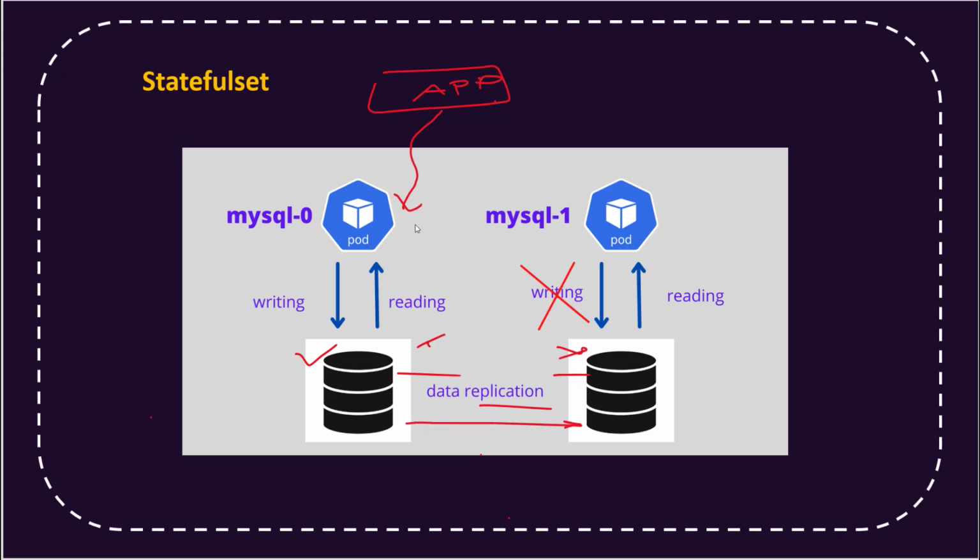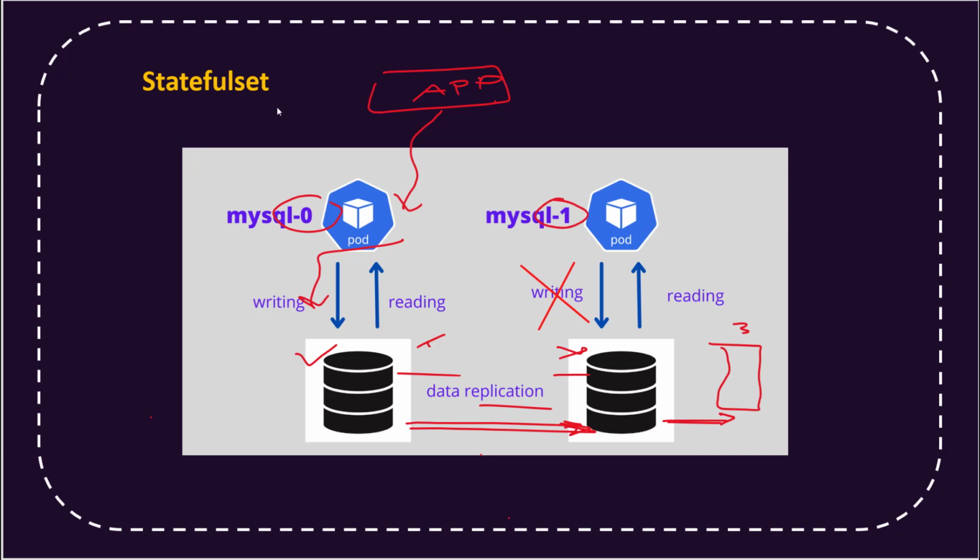So the data is written here, and a copy of it through the first or main database is transferred to the second one. And if we have more, for example a third one, it will get a copy from the second one. So the order here is very important.